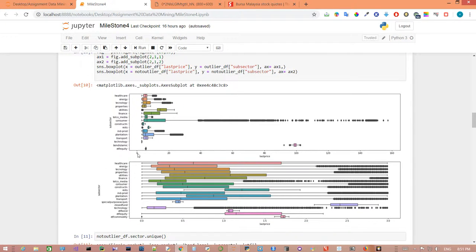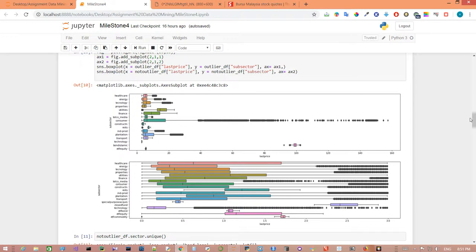As we can see, the scale is far more different here. We have 3 here at the utmost scale, but here most of the companies are more than 10 units and even more.